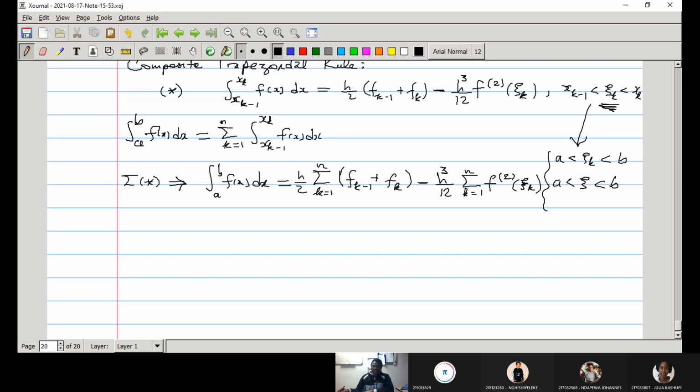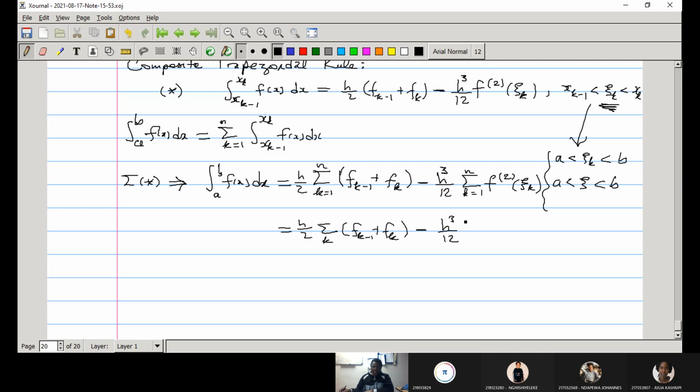And for that, I can replace this with a psi in such a way that I still have my h by 2, and then the summation here, f sub k minus 1 plus f sub k, and then minus h to the 3 by 12, like this.